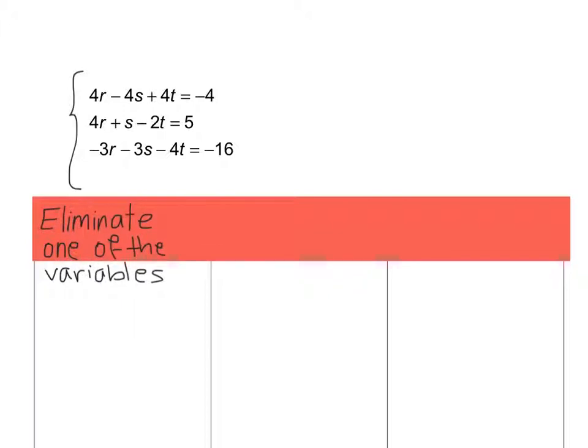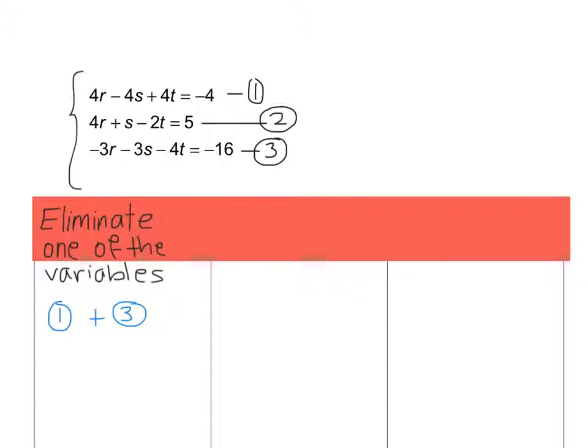Now if I look at the t, this is a 4t over here. This is a negative 4t over here. So if I try to add the first and the third equation, the t's will cancel each other. So let me number them as 1, 2, and 3. And what I'm going to do is add equation 1 and equation 3.